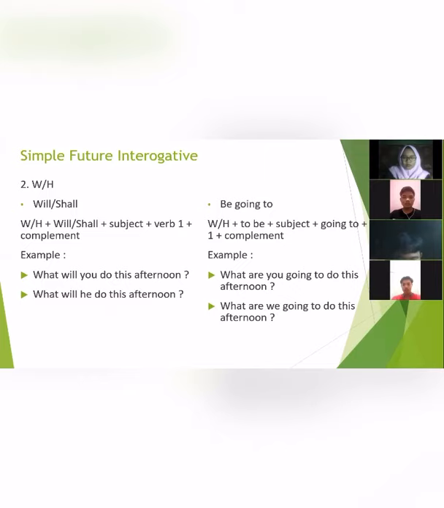For example, what will you do this afternoon? If we use be going to, the formula is WH plus to be plus subject plus going to plus verb 1 plus complement. The example: what are you going to do this afternoon?